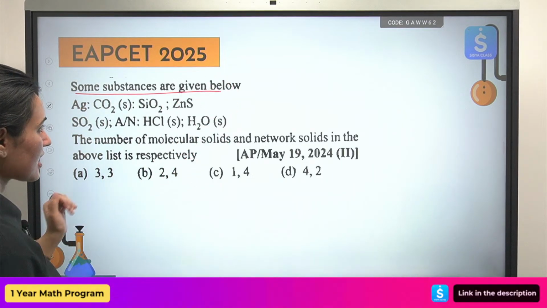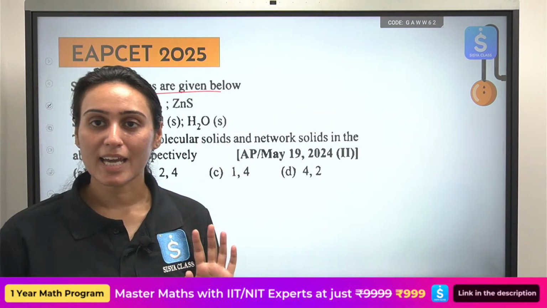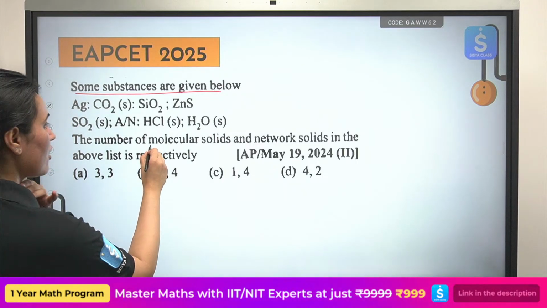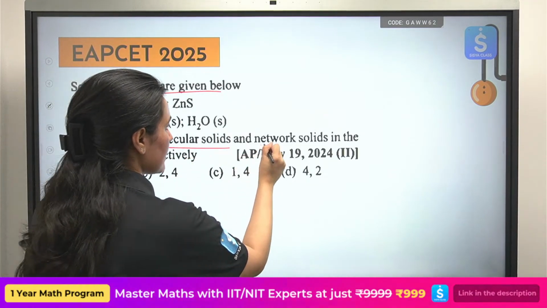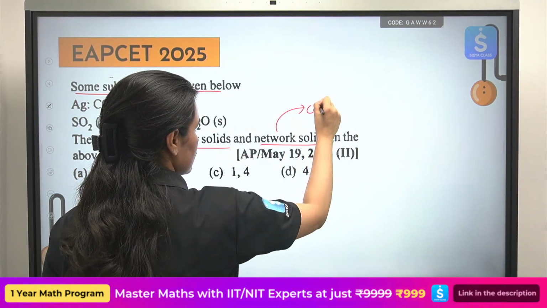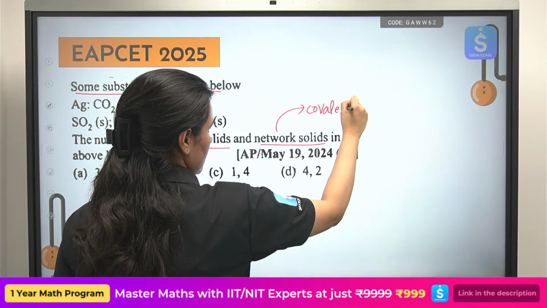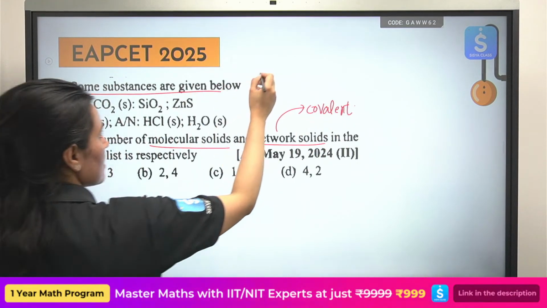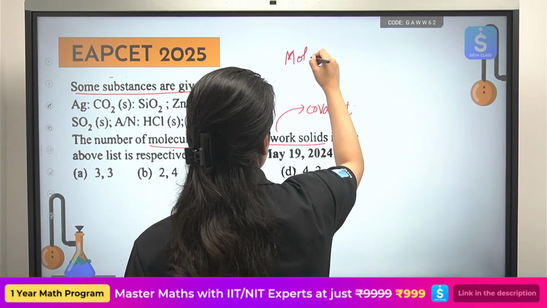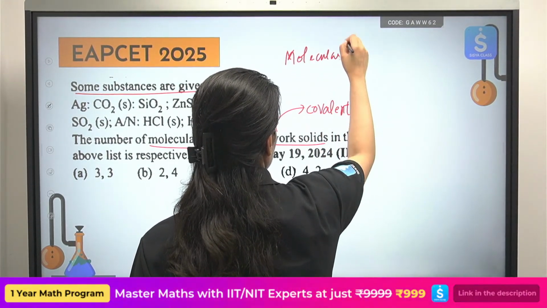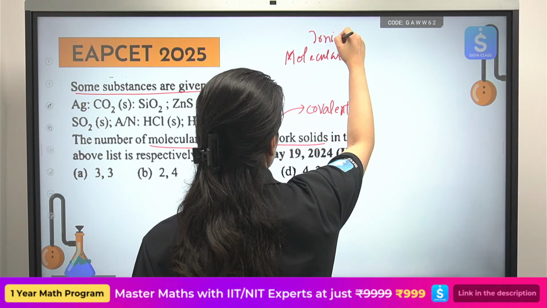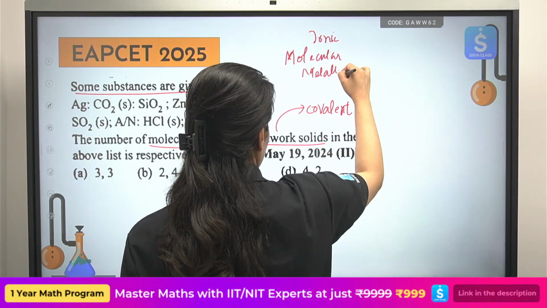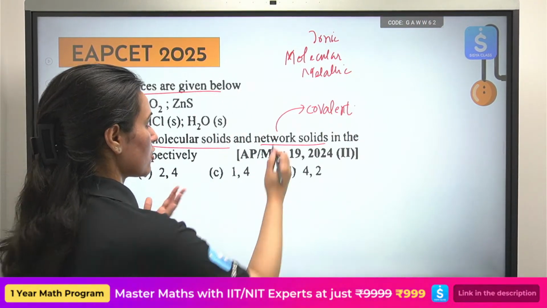Some substances are given below. You just have to identify the type of solid. Very simple question. You have to identify the number of molecular solids and network solids that are covalent. Let's identify molecular solids. I will write here ionic, if they are present, metallic, and finally your covalent solids.